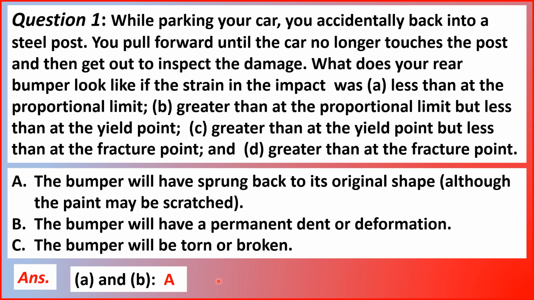So in other words, the metallic material that makes up the bumper has just been subjected to a relatively small amount of stress, and the elastic behavior of the material is evident.